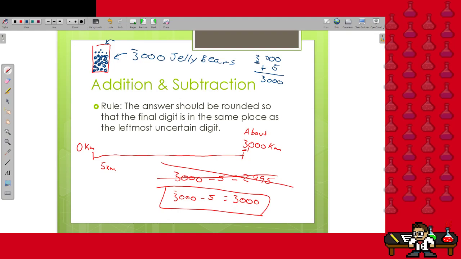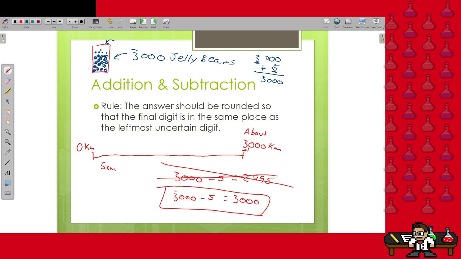And it all has to do with where we made our estimations. In this example, we had an estimation in the thousands place for the 3,000 and an estimation in the ones place for this 5.